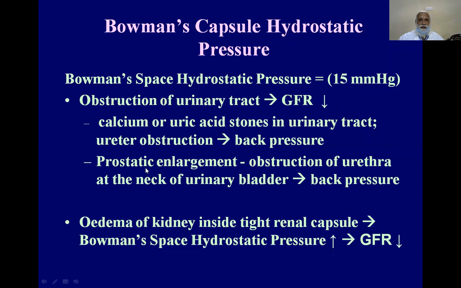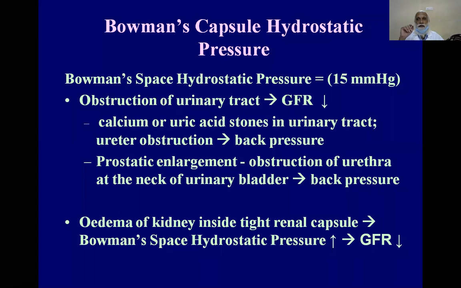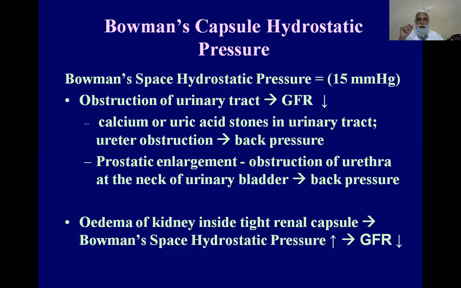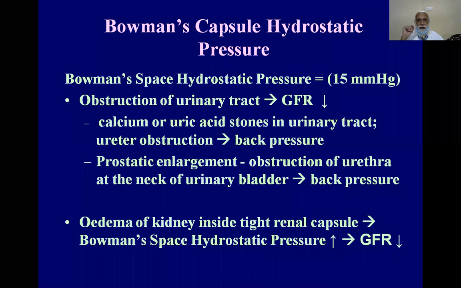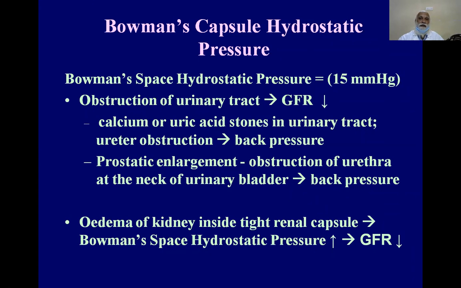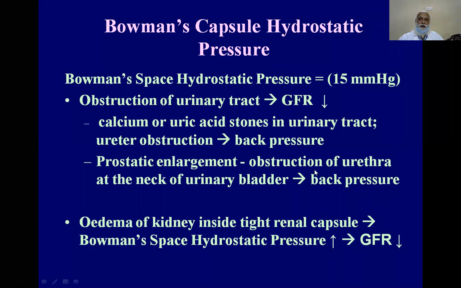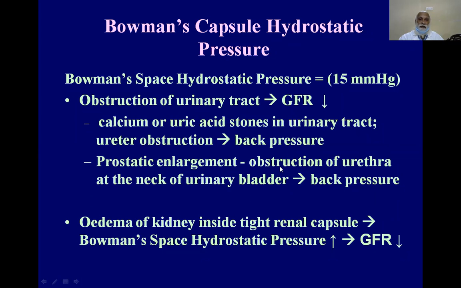Prostatic enlargement, particularly, is the problem in the male. Prostate is the gland which is present just below the neck of the urinary bladder. So in the older male, when the prostate is increased in size, there is prostatic enlargement or benign hypertrophy of the prostate, that presses on the urethra from outside. So the urethra is obstructed at the neck of the urinary bladder.